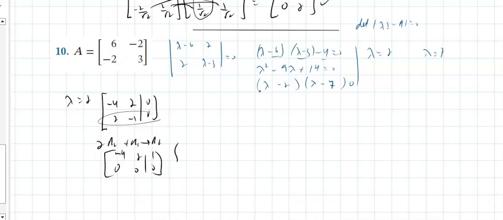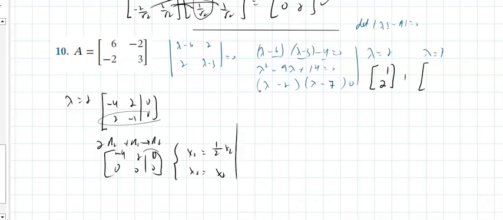So x2 is 3, and x1 is 1 half x2. So with lambda equals 2, we're getting 2, 1.